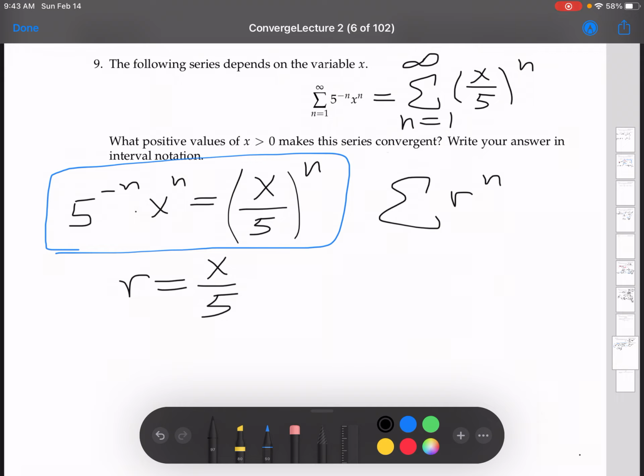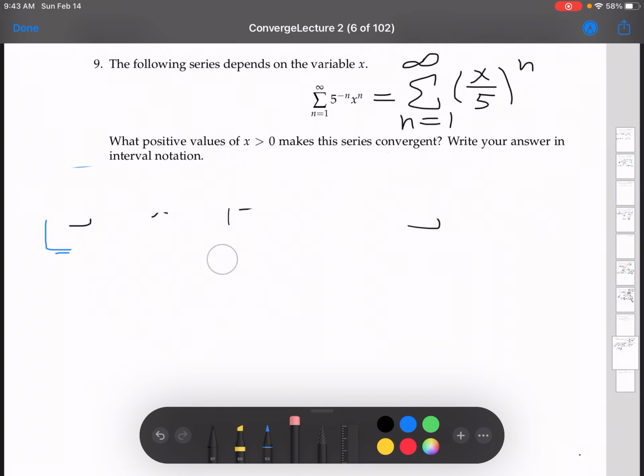And then you see that r is x over 5. Okay, r equals x over 5. We found that.